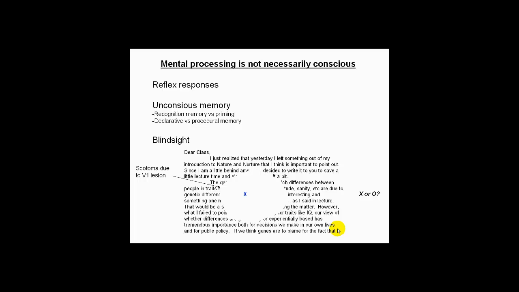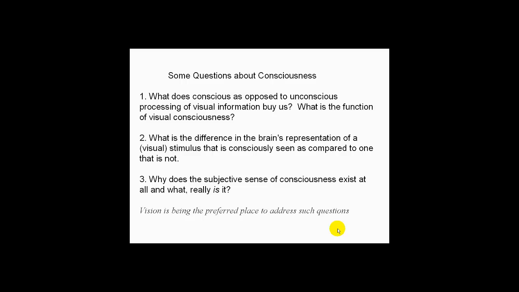Okay, so we have conscious and unconscious processing, and then that raises a bunch of questions. We can study the problem of consciousness very well in the domain of vision because of this kind of phenomenology. So here are some questions that one might want to ask. One is, what does conscious as opposed to unconscious processing of visual information buy us?